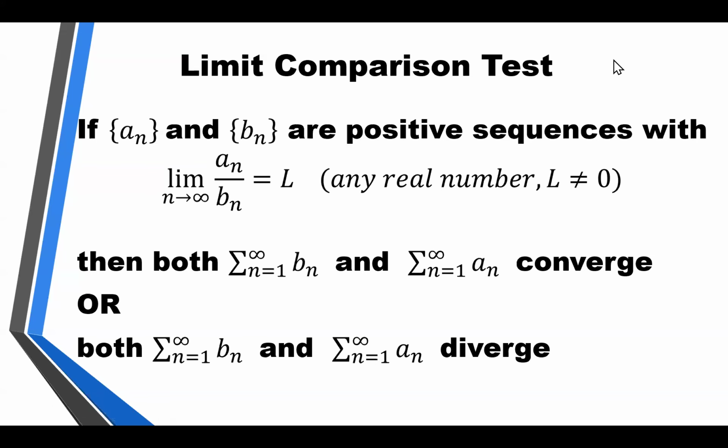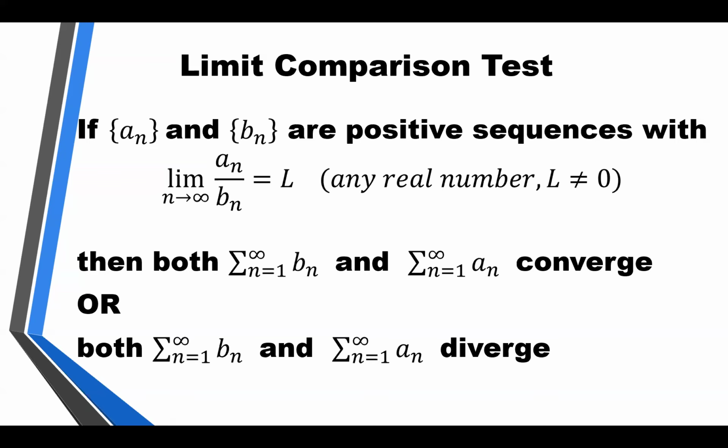The next comparison test is the limit comparison test. Let's say a sub n and b sub n are both positive sequences, so they have terms which are always above 0.